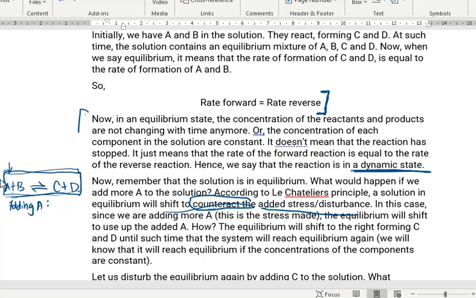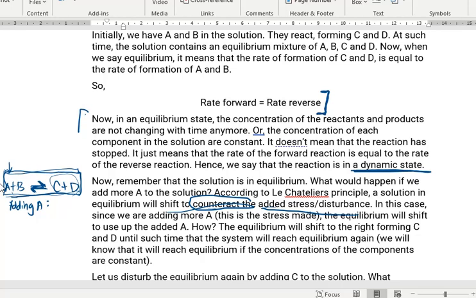Diba? So, since gipunan man siya og A, it needs to consume A, so it needs to shift to the forward direction. Okay? It needs to shift to the right to form more C and D para ma-retain ang equilibrium system until such time nga mo constant na sad.